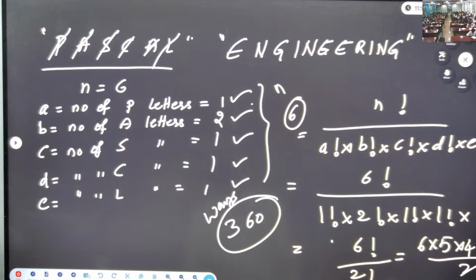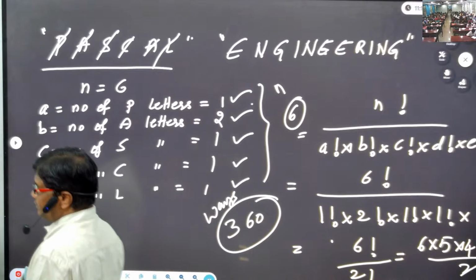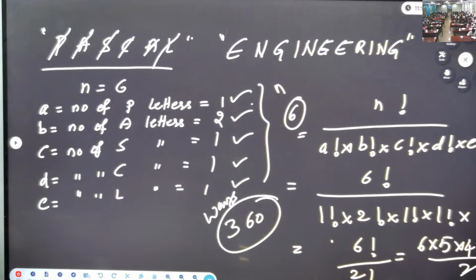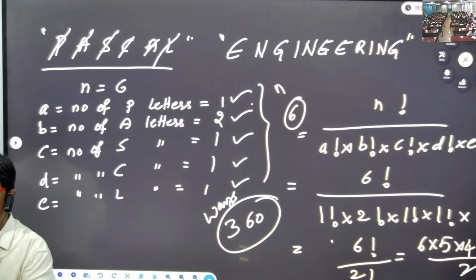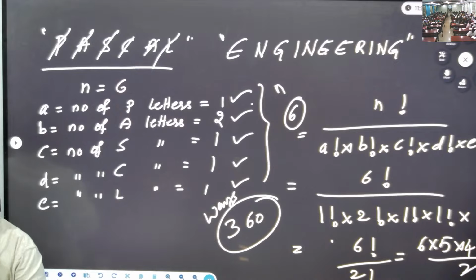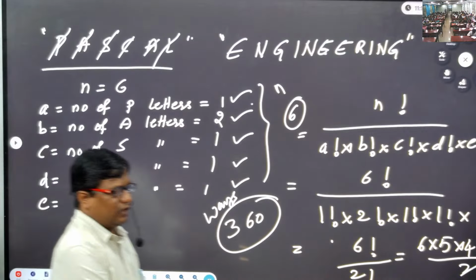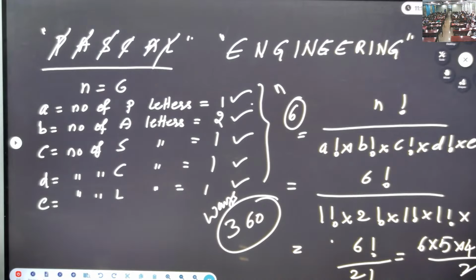Simplify the equation, tell me the count. What is the count that you are getting? If you are having those, tell me the count.